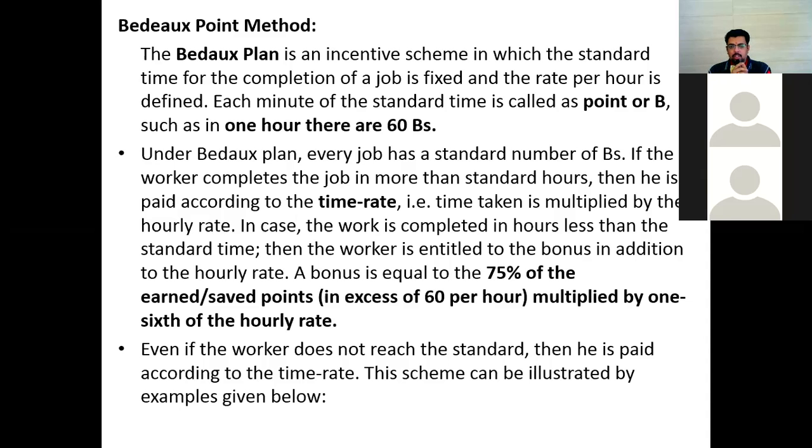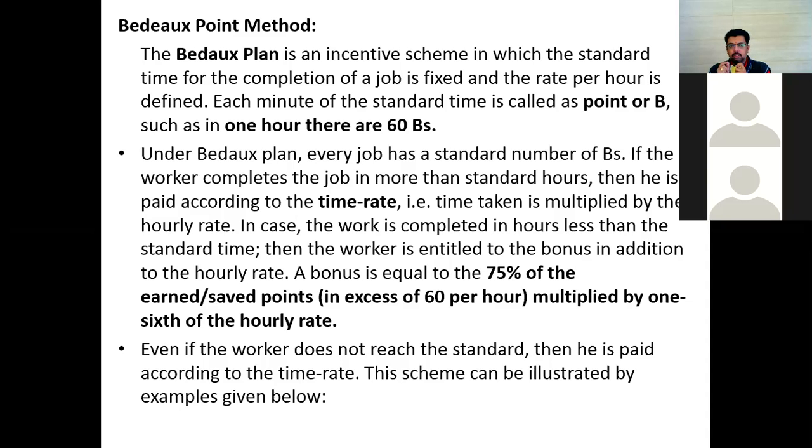Very important: the B is the Bedaux point. The Bedaux point method is totally based on the points scored, each minute counting, for accomplishing the given task in the time.